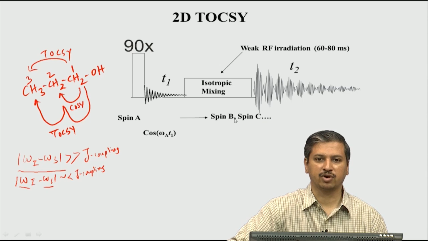And finally, after all the transfer has taken place, we then evolve the chemical shifts of those B and C. So, which is shown here by two chemical shifts here. So, cosine omega B T2 and cosine omega C T2.